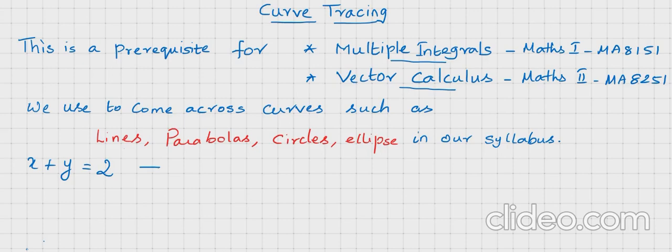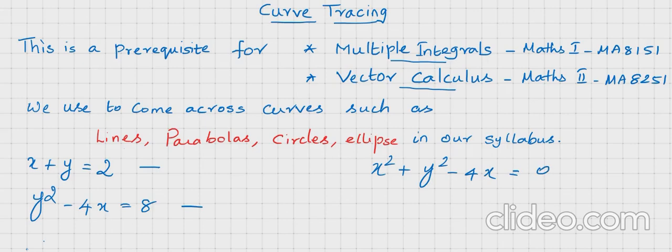And if the equation is y square minus 4x equals 8, what does this equation represent? If the equation is x square plus y square minus 4x equals 0, what does this equation represent?